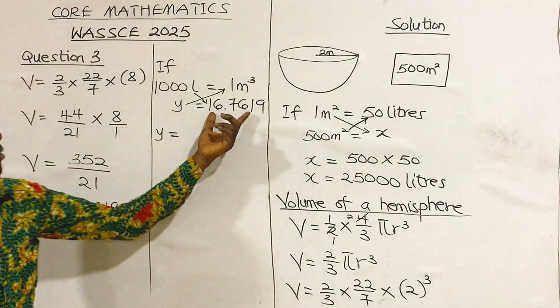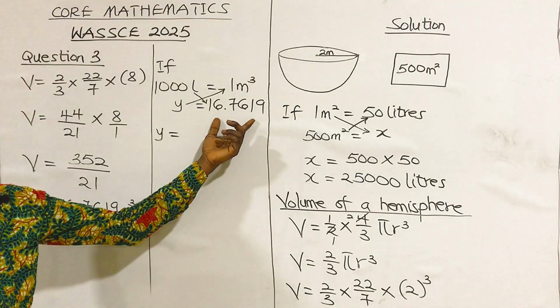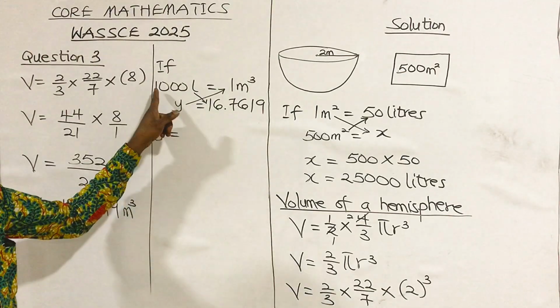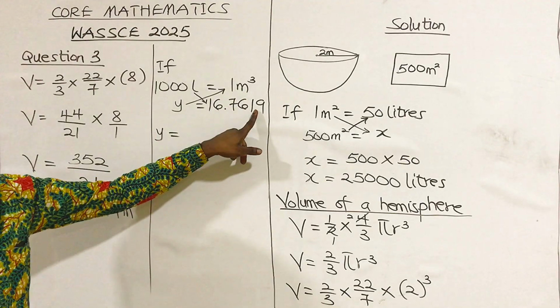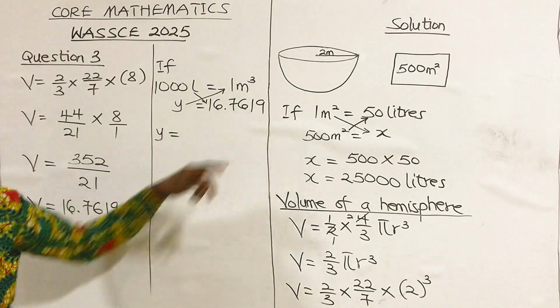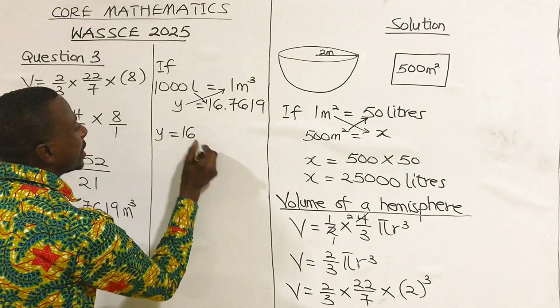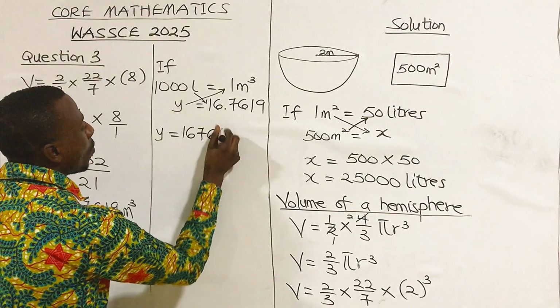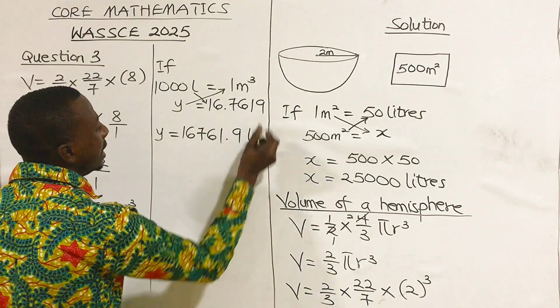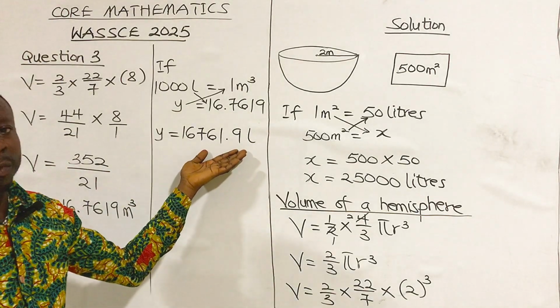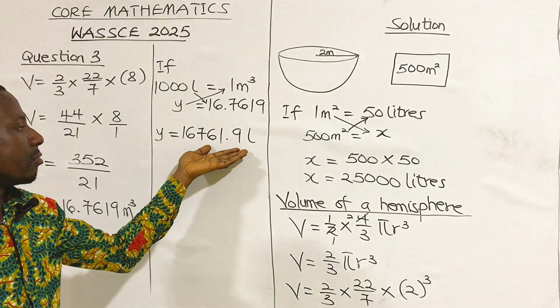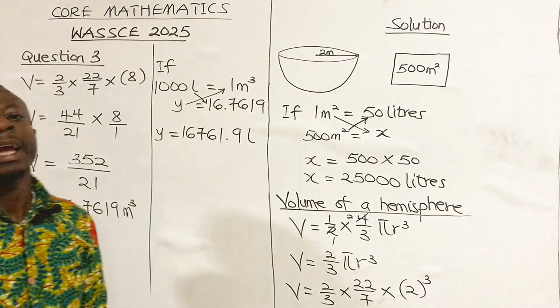Then 1,000 multiplying 16.7619. Because of the three zeros, we are going to move the decimal 1, 2, 3 places, making 16,761.9 liters. So this is the amount of water for the hemisphere.